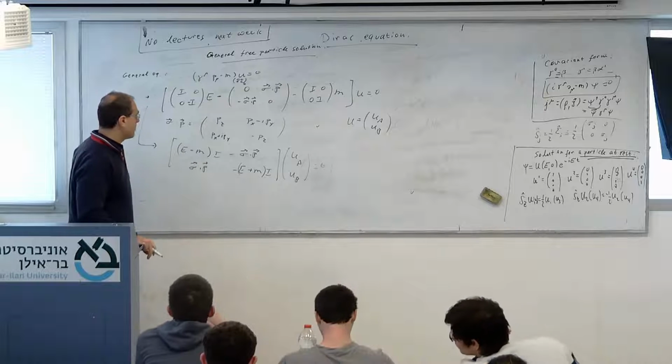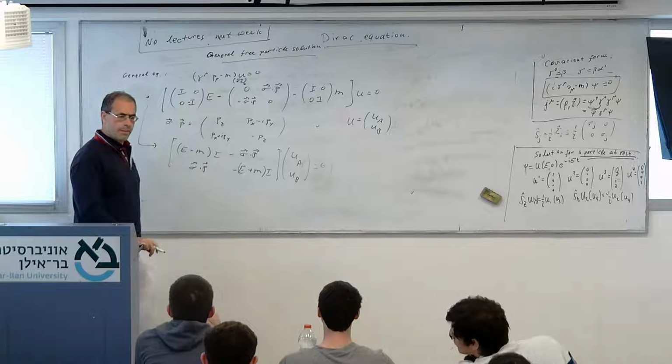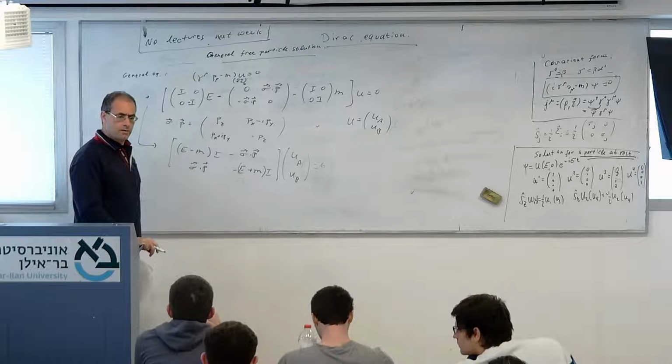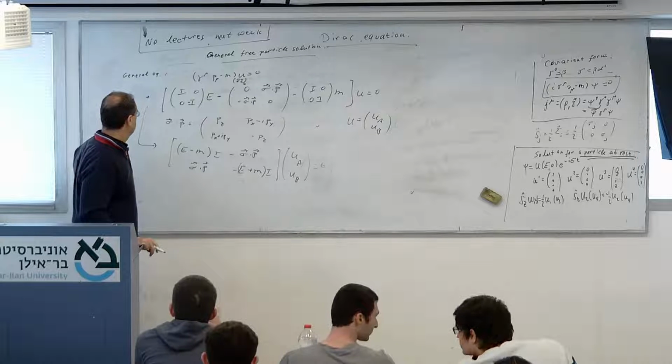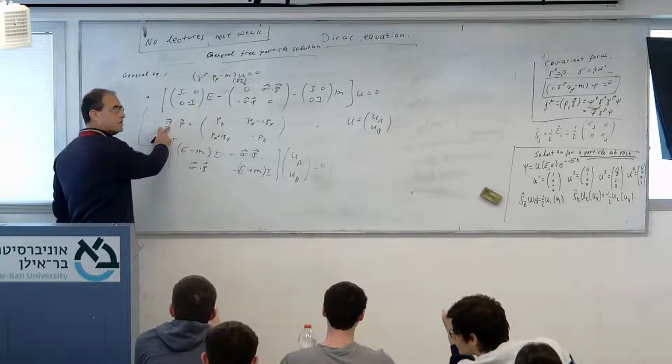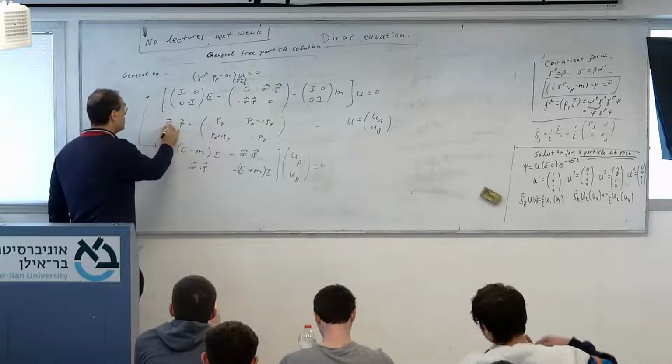Sigma is a 2x2 matrix, but p is a vector, so how do you multiply it? You have three matrices, sigma x, sigma y, and sigma z.